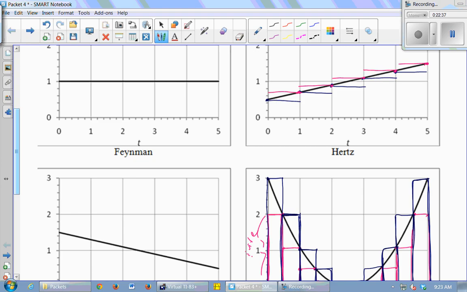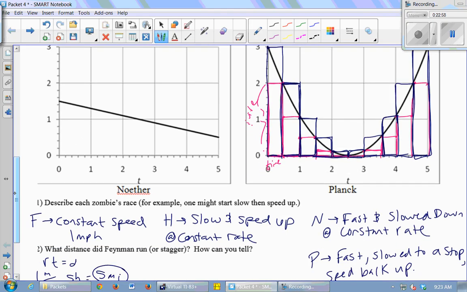If I have time on the x-axis and rate on the y-axis, when I multiply rate times time, I'm really finding the area of this rectangle, and rate times time gives me distance. So in all of these cases, I was finding the area under the curve, or an estimate for the area under the curve.